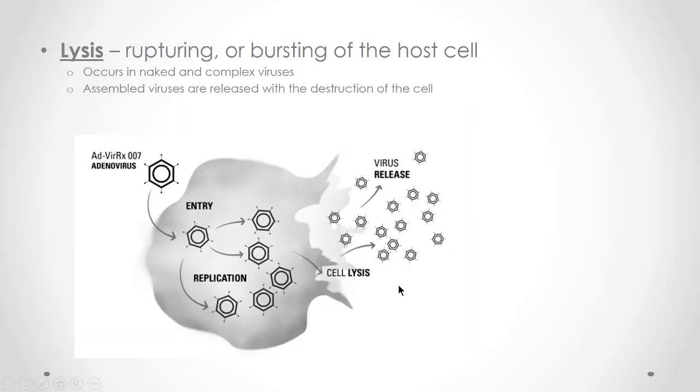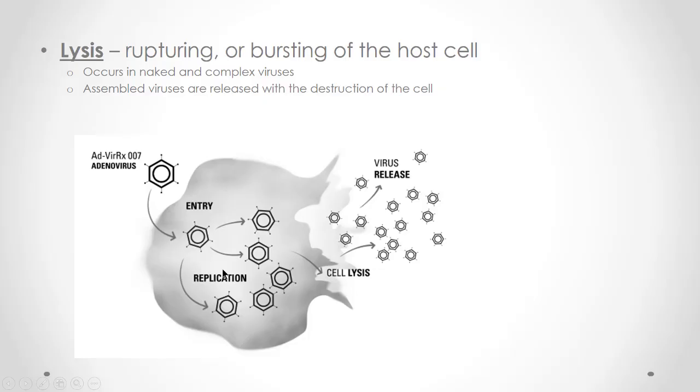Now, if you're a naked virus or a complex virus, then instead of using exocytosis, there's a different mechanism that can be generally referred to as lysis. There are different ways in which this happens, different triggers, but lysis is basically a rupturing or bursting, and this occurs when the viral particles are mature.